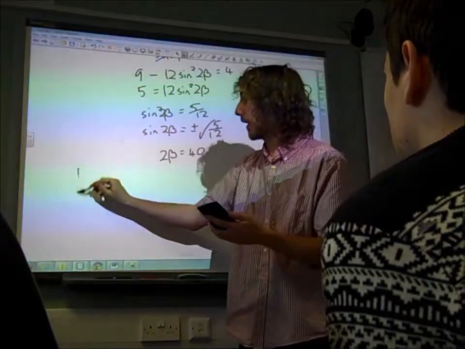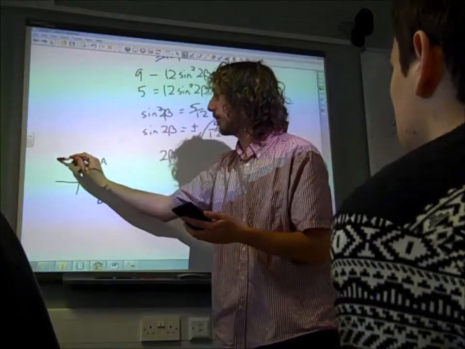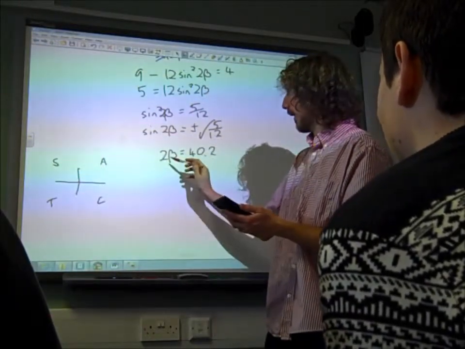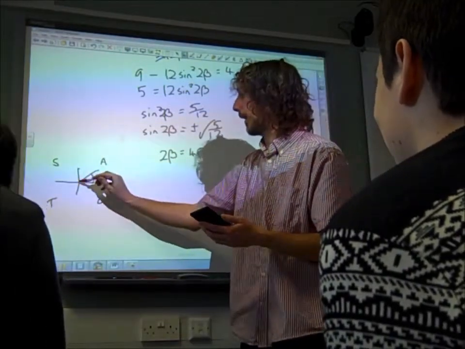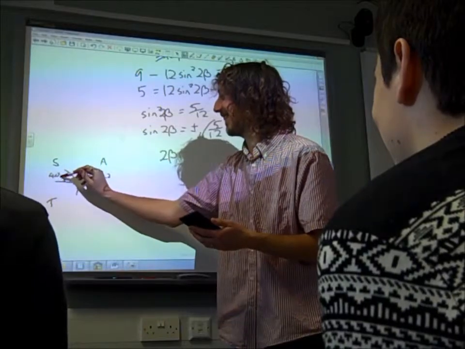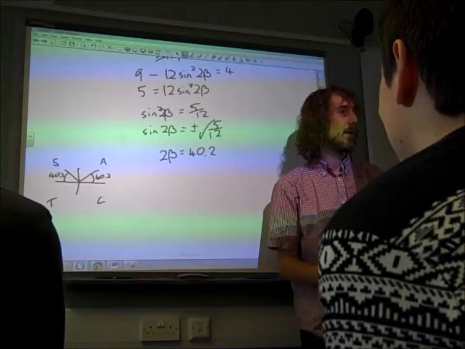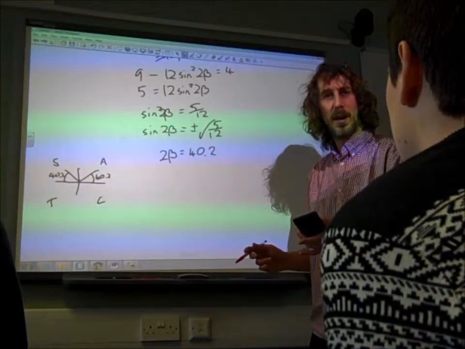So the cast diagram, we love the cast diagram, gives us 40.2 there, and 40.2 there. And so the next value that we'd be looking at would be 139.8.